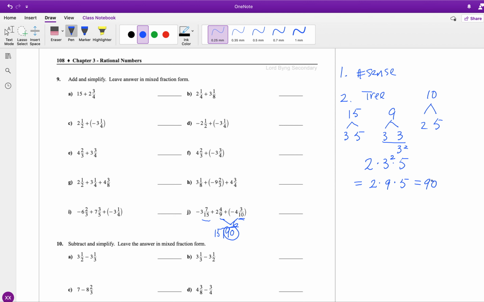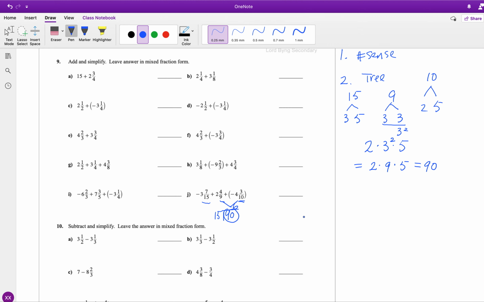Using this way, you can pretty much guarantee that no matter what the numbers are, you will, without failure, be able to figure out the lowest common denominator. Now there's another way, the third way. You use this kind of system: 15, 9 and 10, and you draw this.